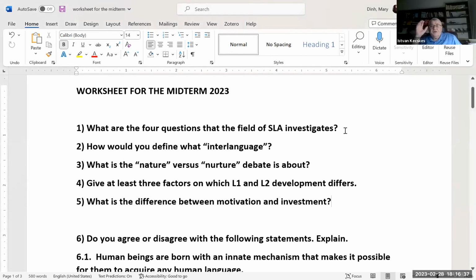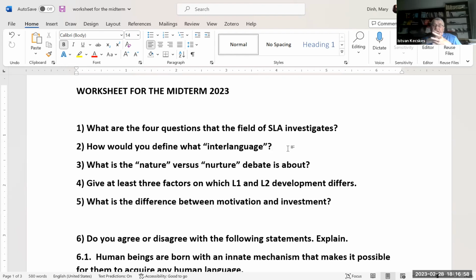Yeah, as far as interlanguage is concerned, it starts out at the point where we have our first language, and the more your proficiency is growing, the more you are getting away from the first language, and you develop your interlanguage.